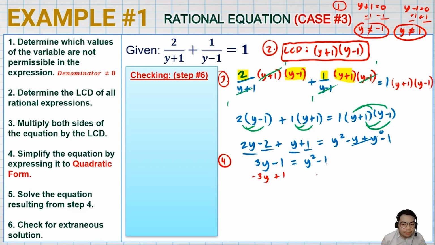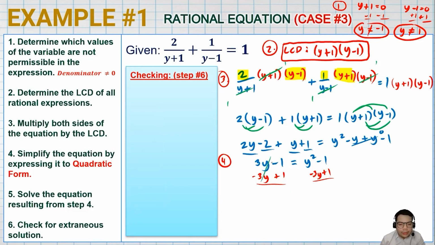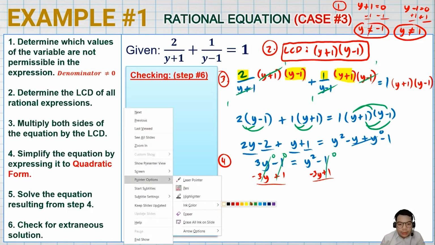So, we have minus 3y plus 1. So, we'll try to equate them. We'll try to solve for them. So, mangyayari, this one will be equal to 0. Ito magiging 0. And, yan, suddenly, this will also be equal to 0. Then, we rewrite the equation.